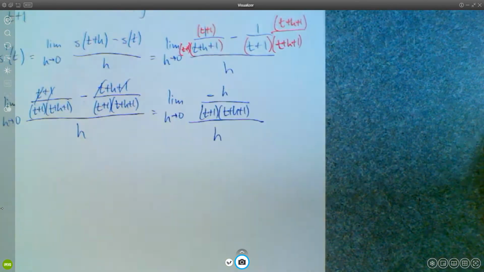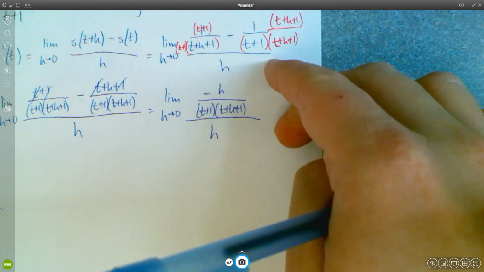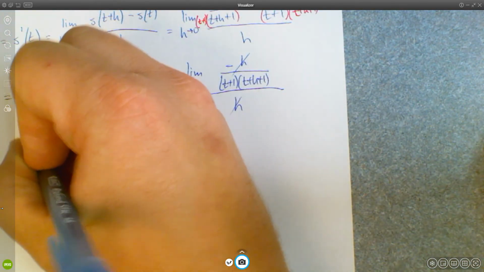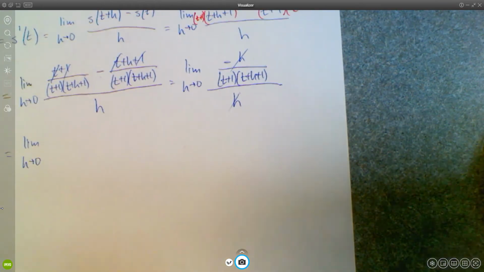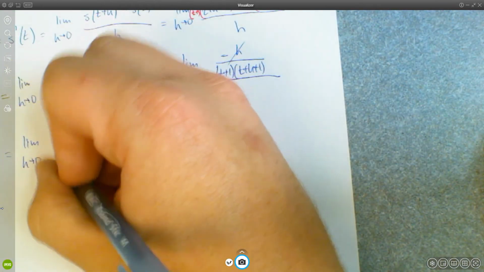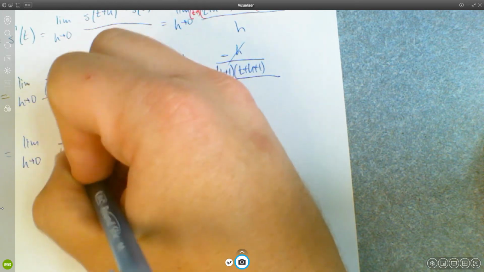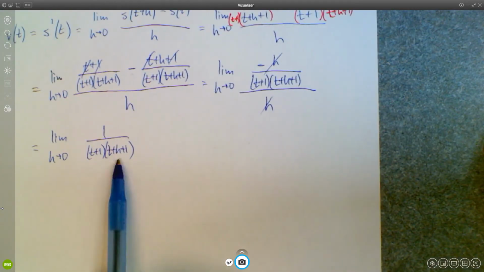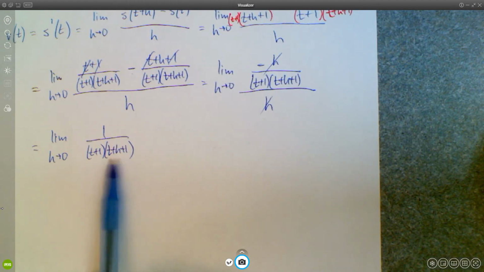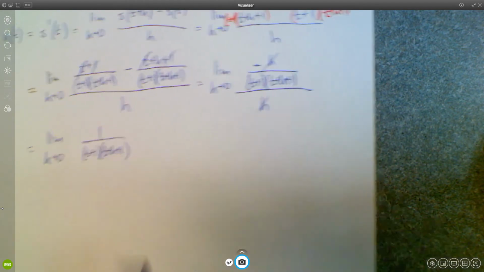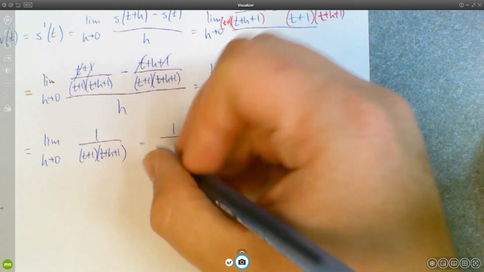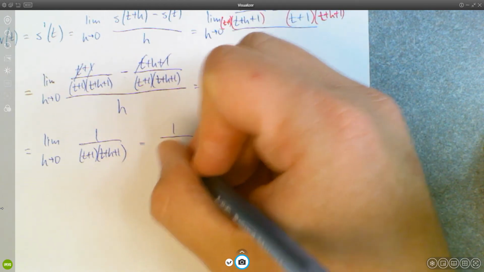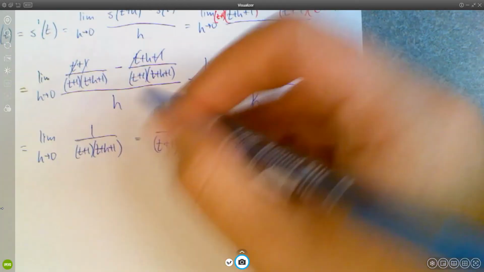And then remember, this is the same as you flip and multiply, so this h will cancel that one. We've got 1 over t plus 1 times t plus h plus 1. As h goes to 0, this factor will just go to t plus 1. So we get 1 over t plus 1 squared.